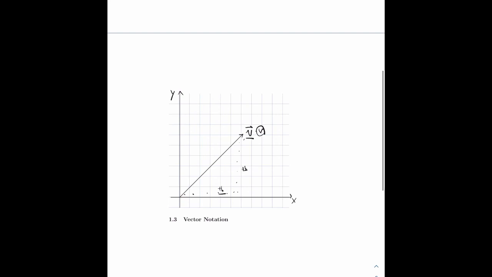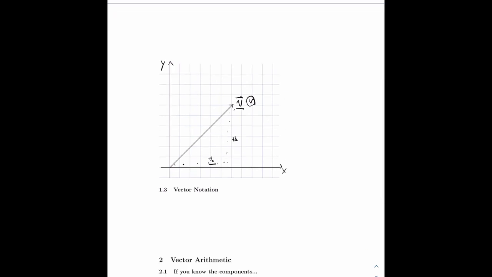The plus 6 in the x direction and the plus 6 in the y direction is what's called vector components. And you can describe the vector v in terms of these components if you write v equals 6 times i hat plus 6 times j hat. i hat is the unit vector in the x direction, which is this little thing right here, but obviously it's going to have to be moved up. That's i hat.